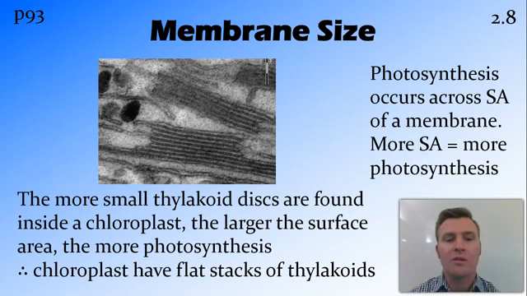So the more small thylakoid discs that are found inside the chloroplast, the larger the surface area and the more photosynthesis. And that's why we'll remember that inside the chloroplast are these flattened stacks of membranes. So these stacks mean that there is a very high surface area to a fairly small volume inside those discs.